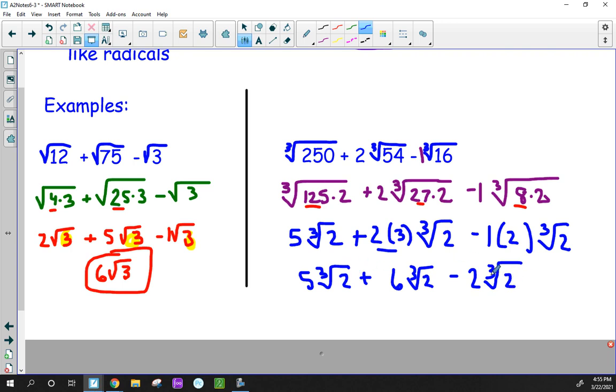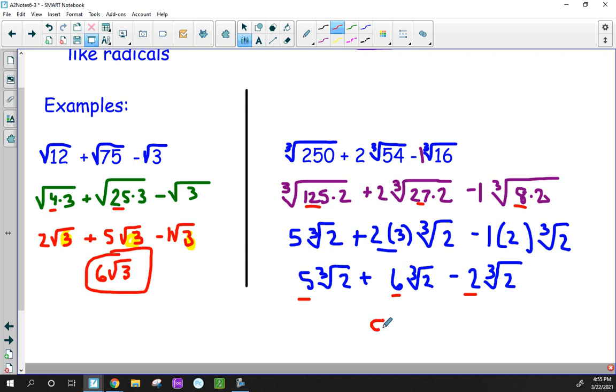All my radicals are the same, so I can continue. I'm going to combine my numbers in front. 5 plus 6 is 11. 11 minus 2 is 9. I have 9 of those terms left. 9 cube roots of 2. Cube root of 2 does not simplify, of course, and so this is my best answer.